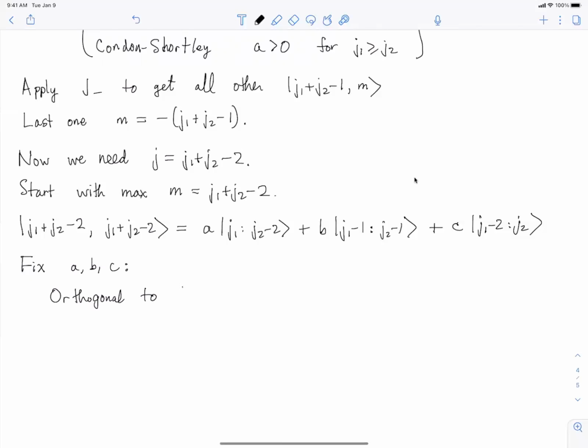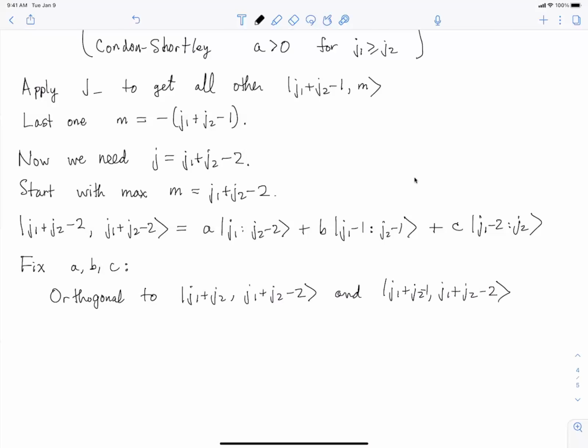Okay, so they have to be orthogonal to J1 plus J2, J1 plus J2 minus 2, and J1 plus J2, J1 plus J2, sorry, J1 plus J2 minus 1, J1 plus J2 minus 2.